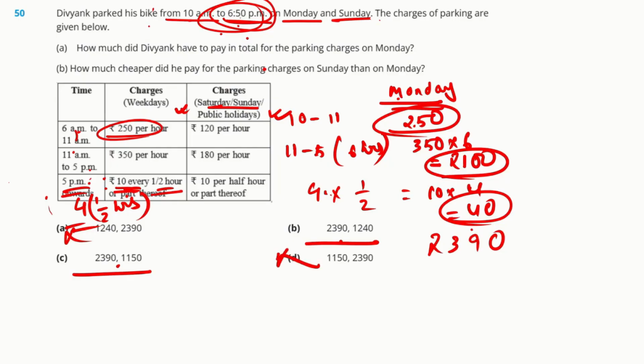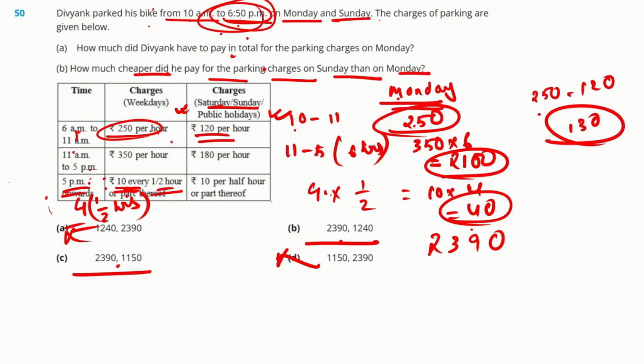A and D eliminated. Now we have to find how much cheaper he paid for the parking charges on Sunday compared to Monday. Okay, so let's just find out the difference every hour. For the first hour, 10 to 11, he has paid 120 instead of 250. So 250 minus 120, 130 rupees less. For the next hours, he has paid 350 on Monday, whereas 180 on Sunday.